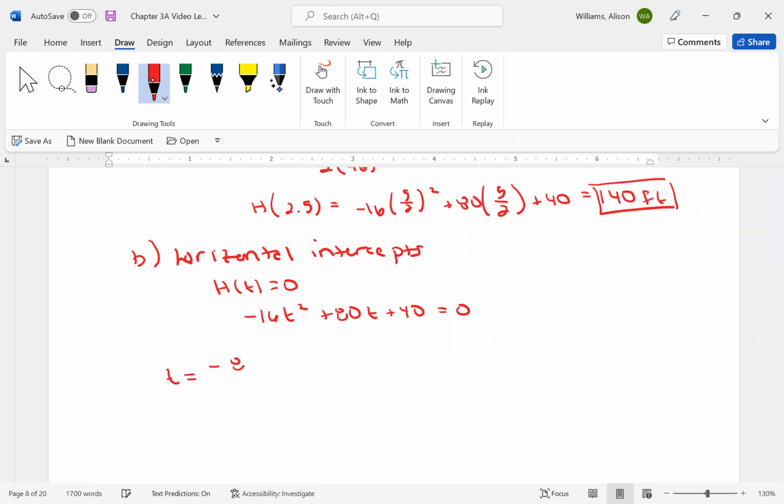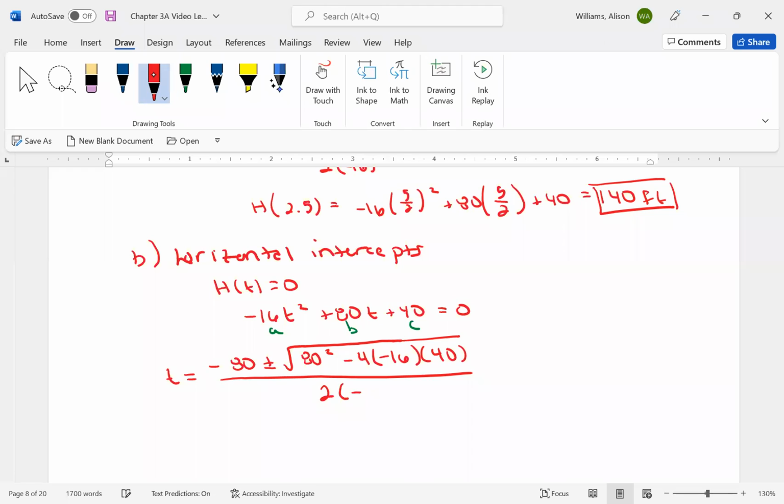Negative b is negative 80 plus or minus the square root of 80 squared minus 4 times negative 16 times 40. So I'm using a, b, c in the quadratic formula. All over 2 times a, which is negative 16. Okay, so let's simplify this thing.